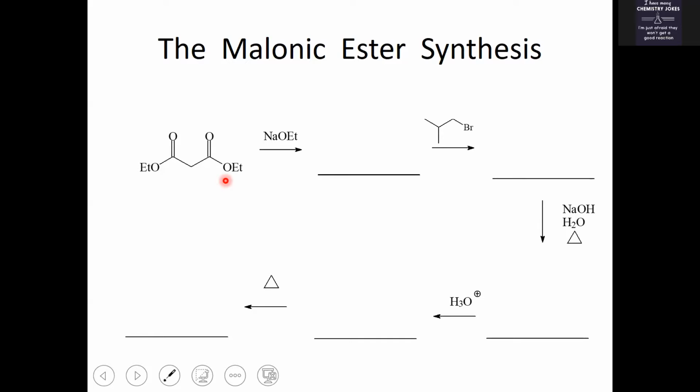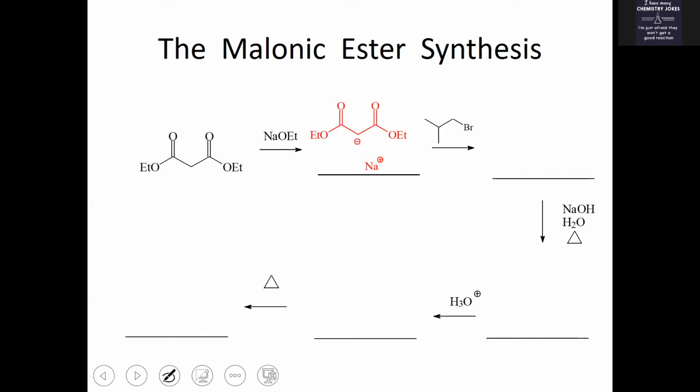What do you suppose happens to diethylmalonate when you add NaOH? Pluck an alpha hydrogen and make an enolate. And then you add this thing. This thing is an alkyl halide, a primary alkyl halide. And our flowchart says primary alkyl halide, SN2.